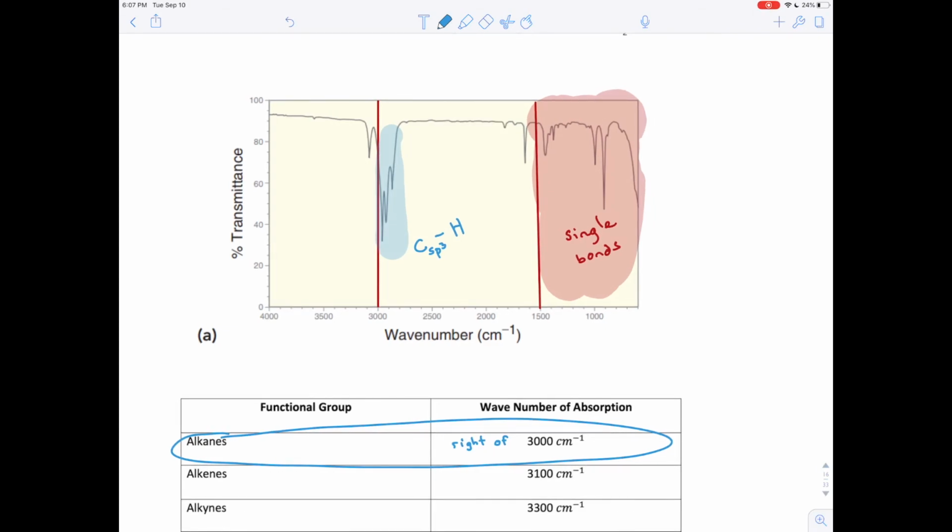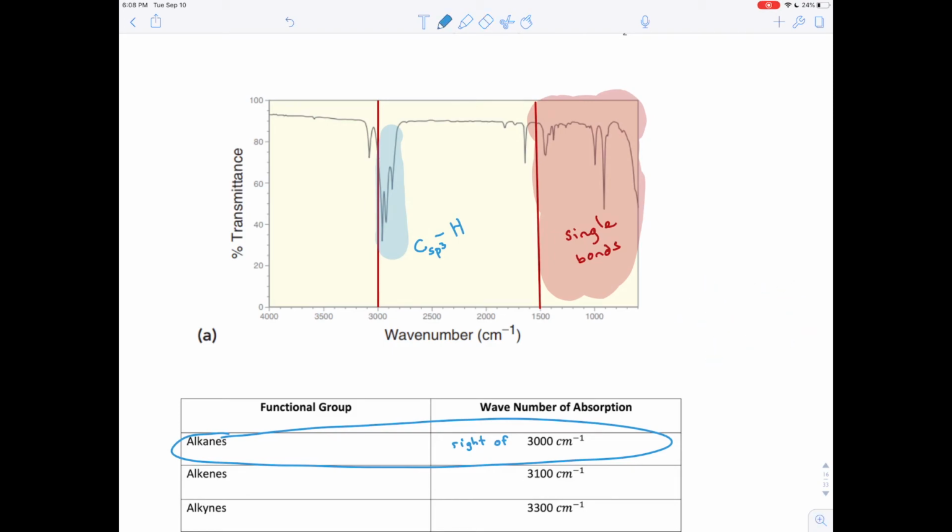Anytime you have even a small molecule like propane, you'd have all of these bonds to hydrogen. And sp3 just means that the carbon has only single bonds. So all of these bonds here in the blue highlight would absorb just to the right of 3000 wave numbers. So you get a lot of those, and that's partly why there are all these mini spikes, but they all kind of merge into one thing.